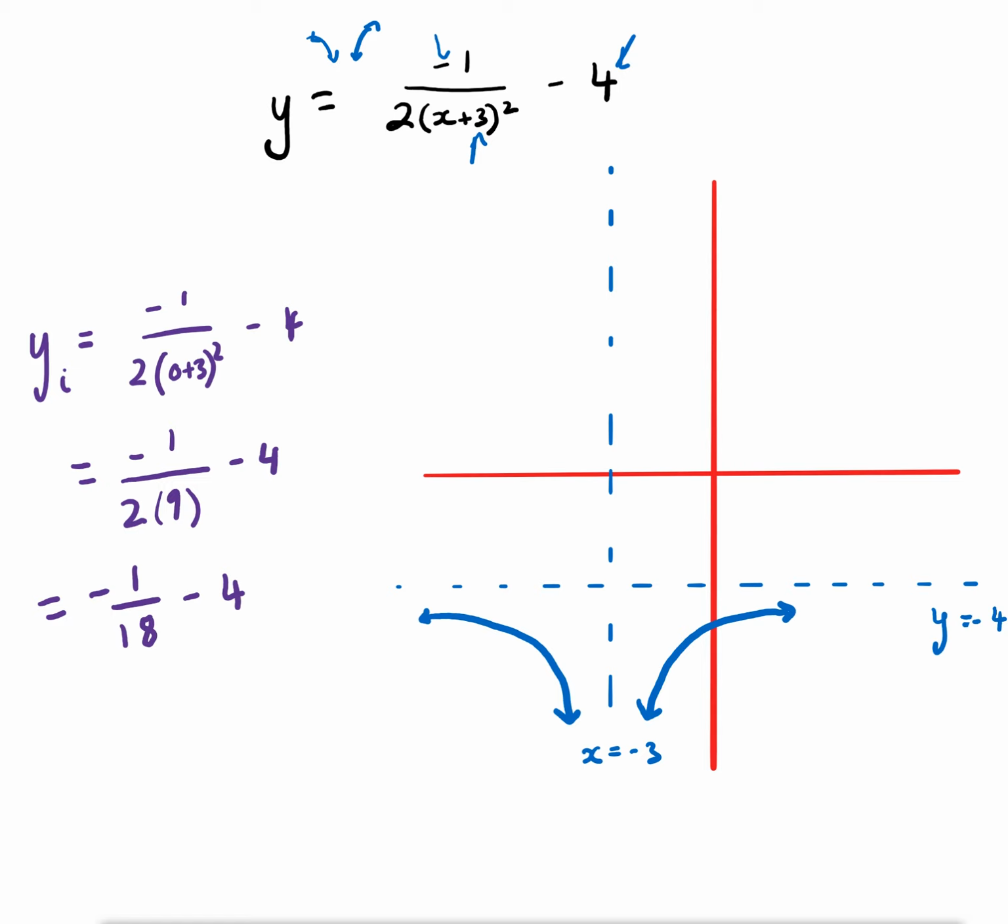So 4 times 18 is 72, and this will be negative 1/18 minus 72 on 18. So I end up with negative 73 on 18. So that's this here.